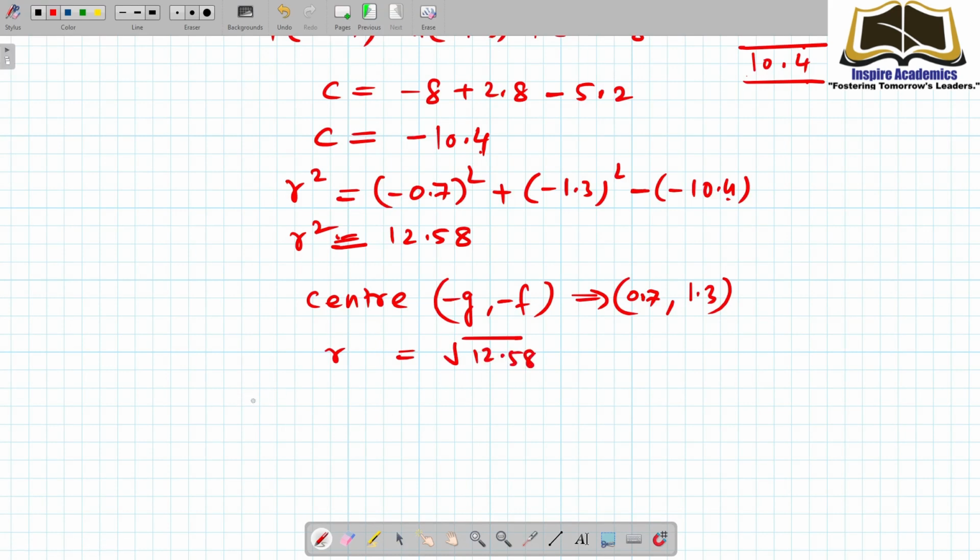So the circle equation would be x minus 0.7 whole square plus y minus 1.3 whole square, as r square is 12.58.